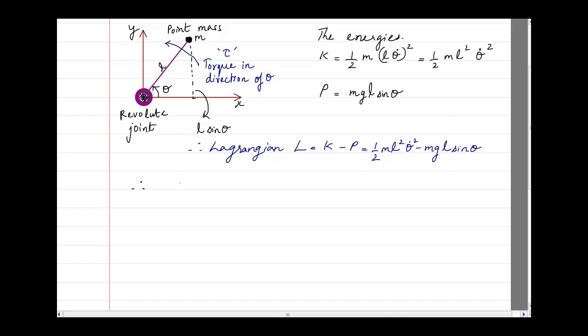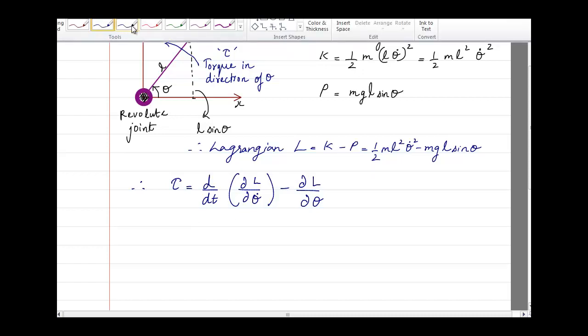Therefore, tau is going to be d by dt of dou by dou theta dot of L minus dou by dou theta of L. So two things are to be calculated.